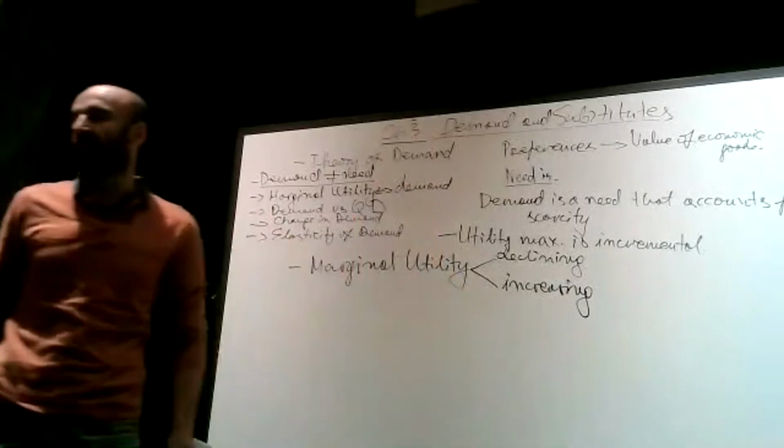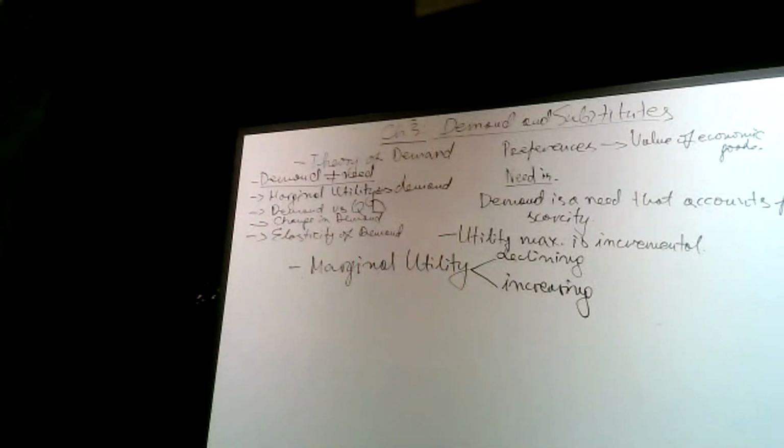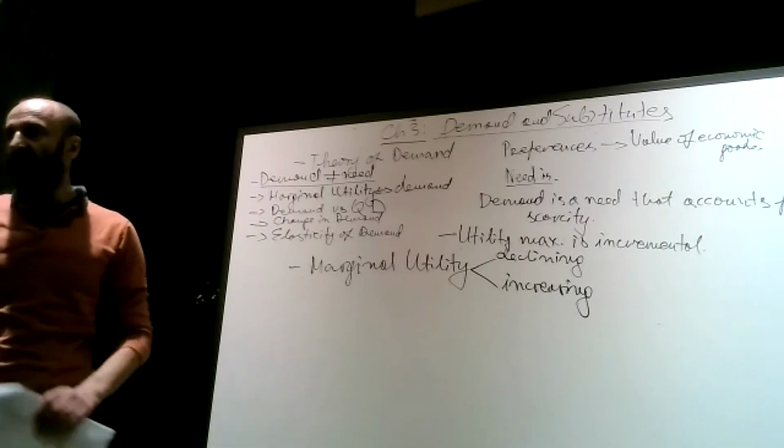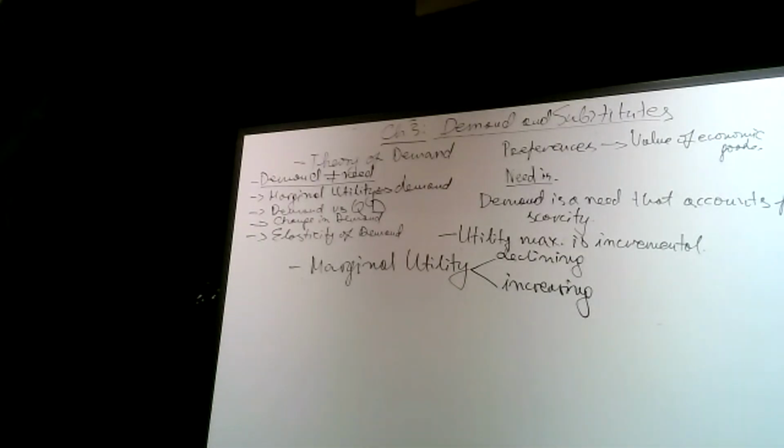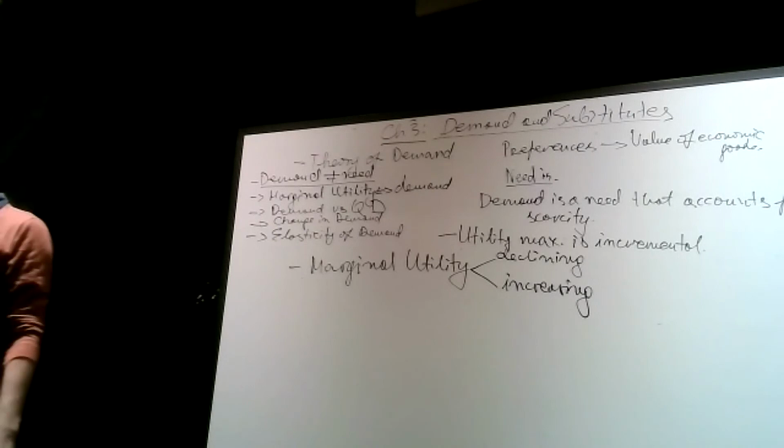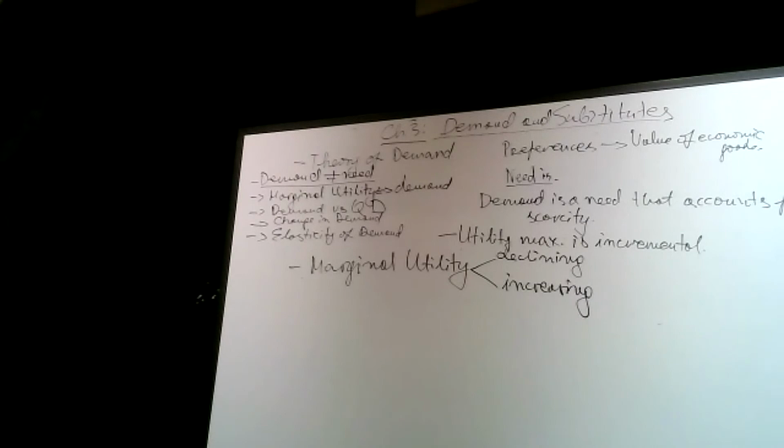Could be increasing or decreasing depending on what you do. Why is marginal utility declining or decreasing as you keep stockpiling that good? There are two ways in which you can think about it.